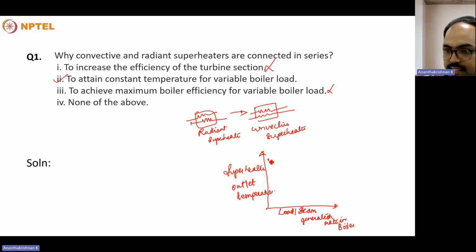But once the load increases, the flue gases in the boiler increase, and the radiation is hindered by the presence of these flue gases, and the outlet temperature that could be maintained due to this radiative superheater will reduce.